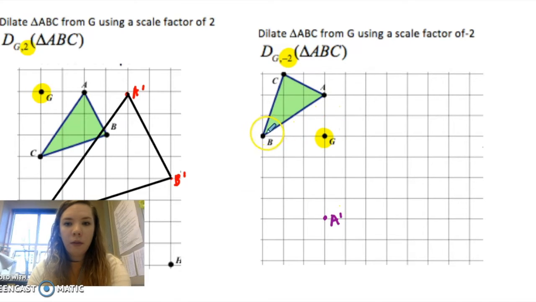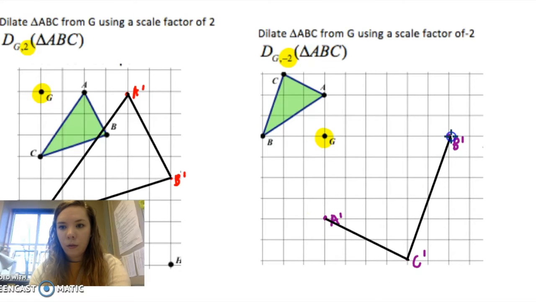Instead of going left 3, I have to go right 6 for B prime. And then this one would have been up 3, left 2. So I have to go down 6 and right 4. So there we go.